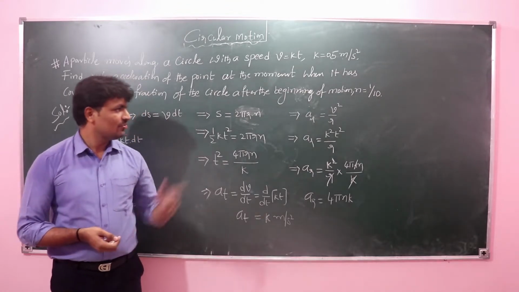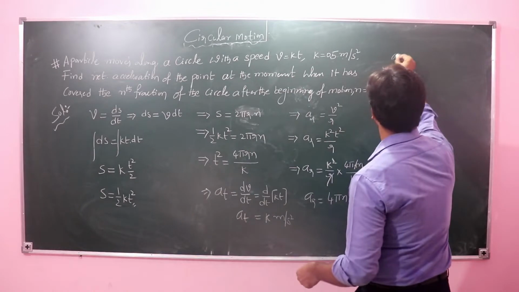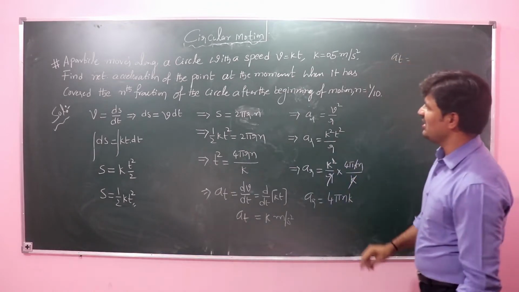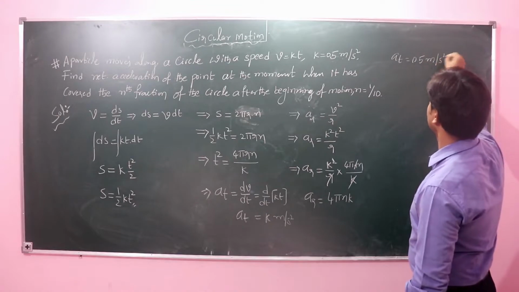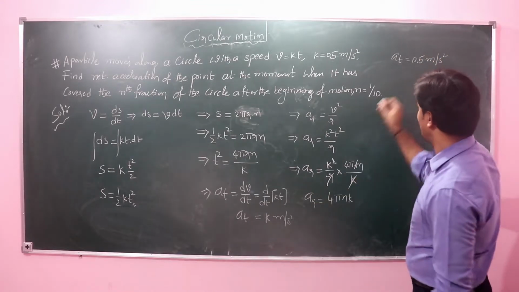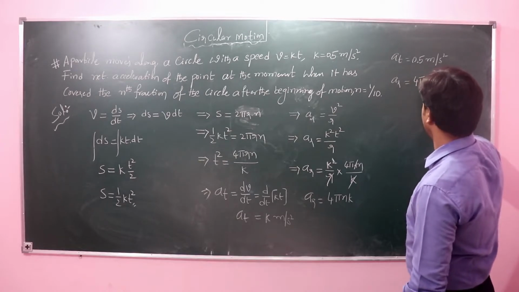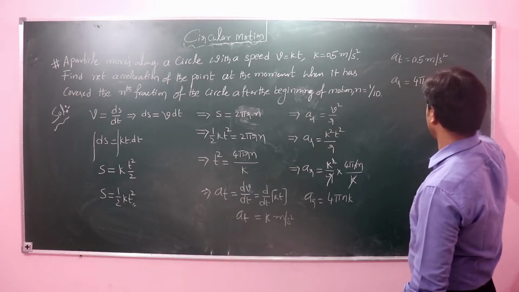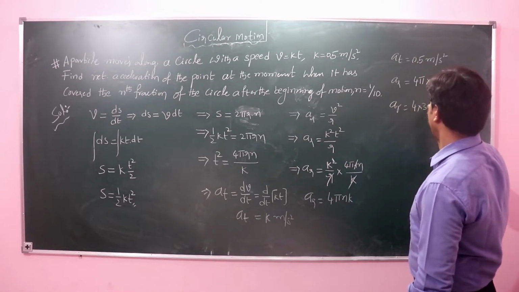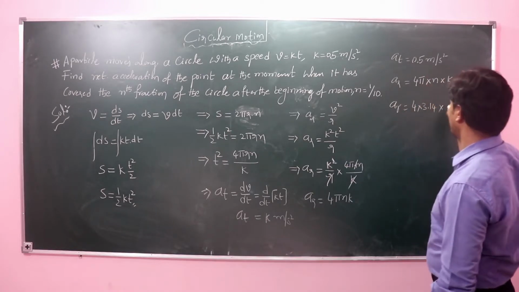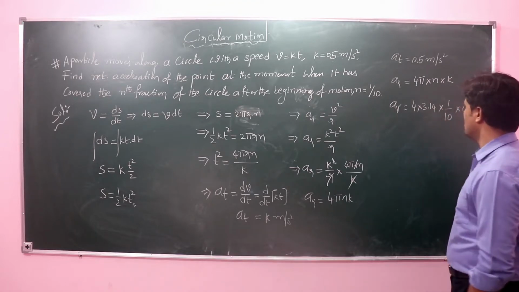You know the values of k. First, at is equal to k, the value of k is 0.5, so at is 0.5 meter per second square. And what is the value of ar? The value of ar is 4 pi n into k. Just put the values: 4 into pi value 3.14, n value 1 by 10, into 0.5. Simplify this.